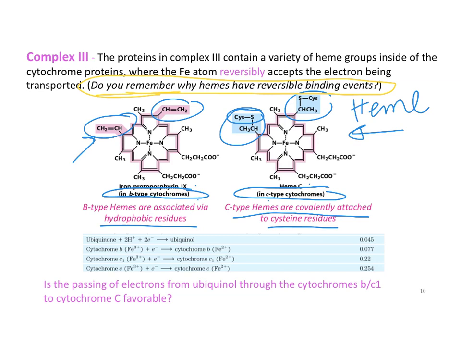I'd like you to go back and think about what the reasons are that the iron in the heme is able to accept and deliver electrons. Okay, so is the passing of electrons from Q through the cytochromes in complex 3 favorable? Yes, we kind of already did this. We're going from Q to B to C1 to C, and all these have increasing reduction potentials, and that energy again is used to push protons across the membrane.